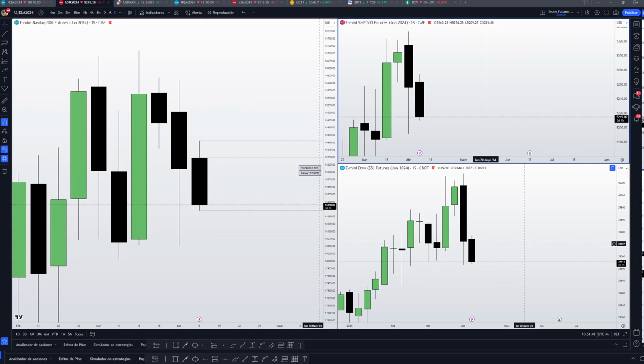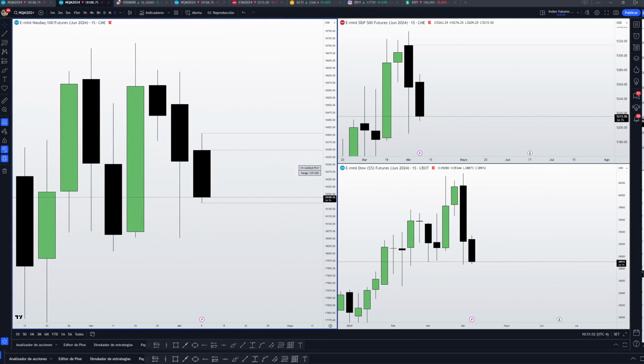Look, the weekly chart. The question in the tracking price is which market is closer to the previous weekly low. You can see here.